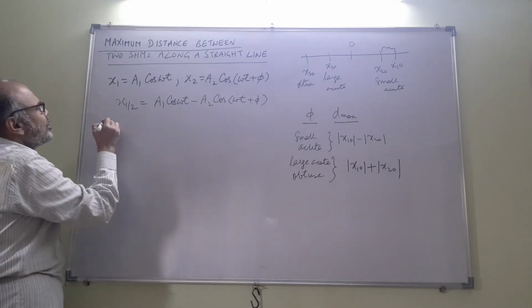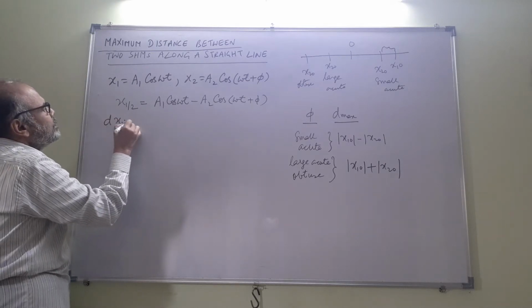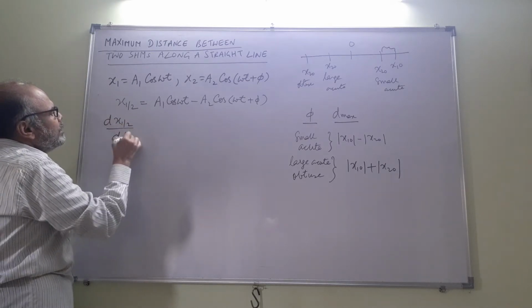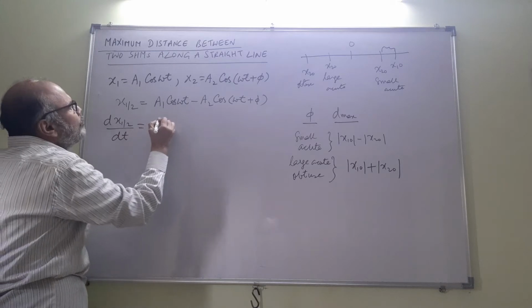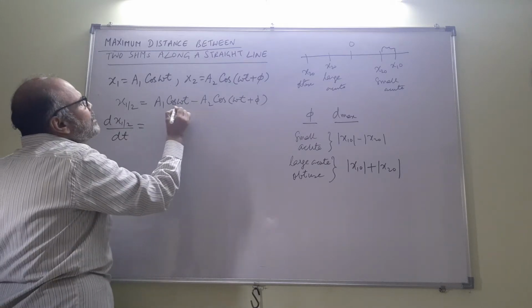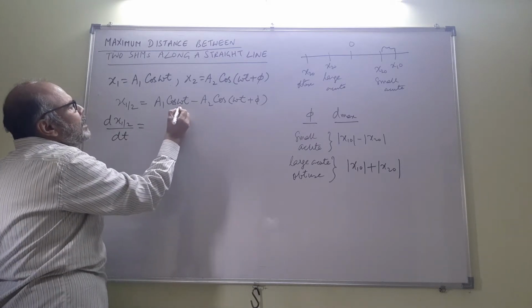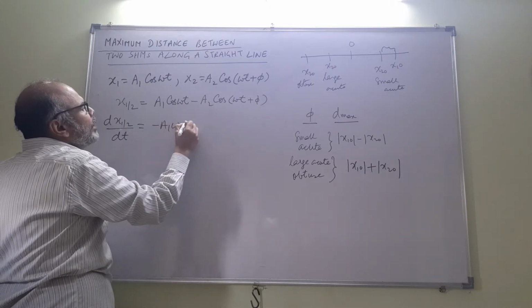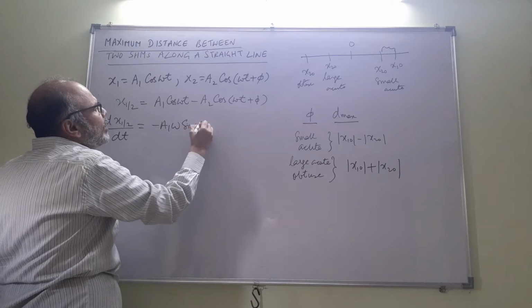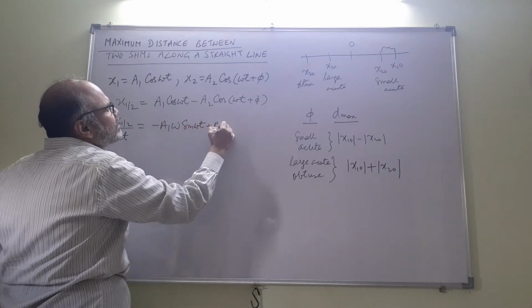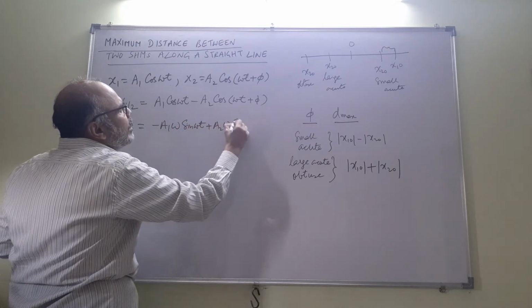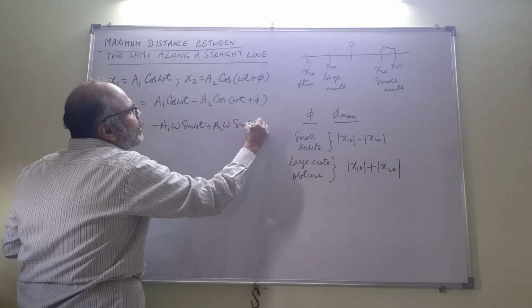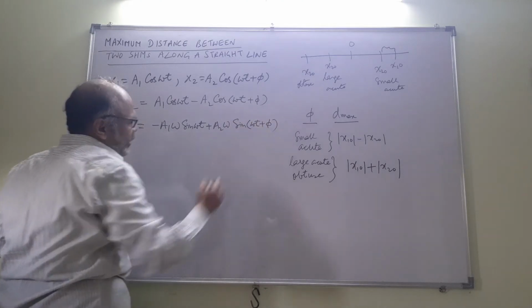So let's differentiate this. dx12 by dt would be equal to, derivative of cos omega t is minus sin omega t, and there will be an omega which comes out. So there will be minus A1 omega sin omega t plus A2 omega into sine of omega t plus phi.